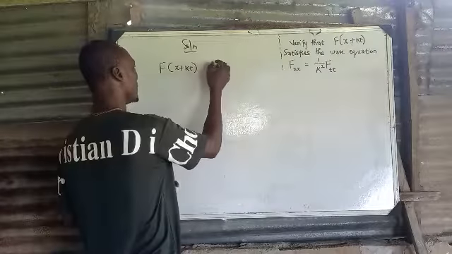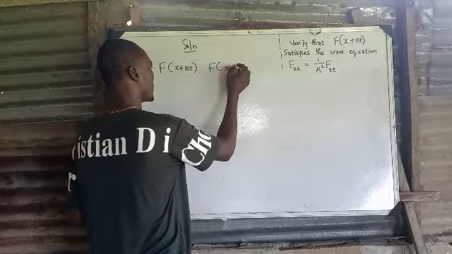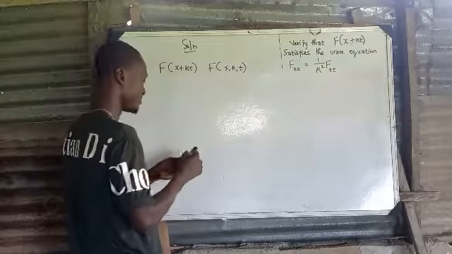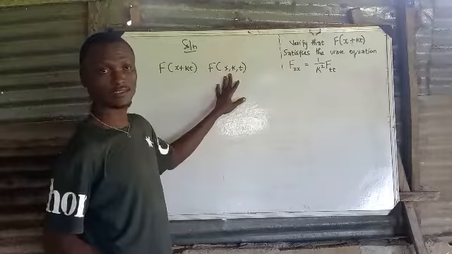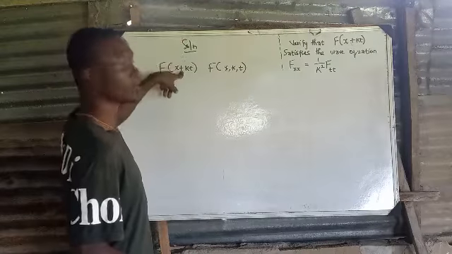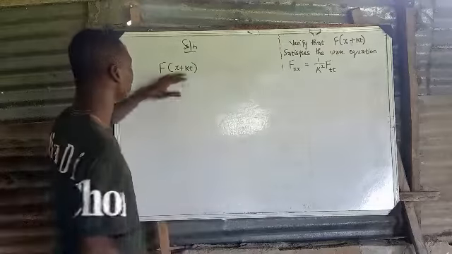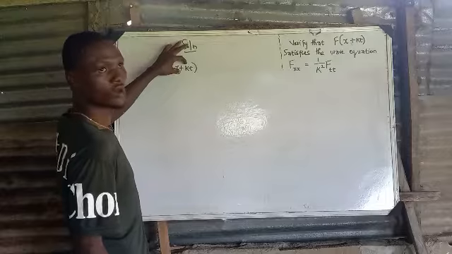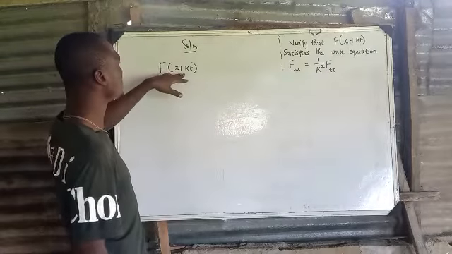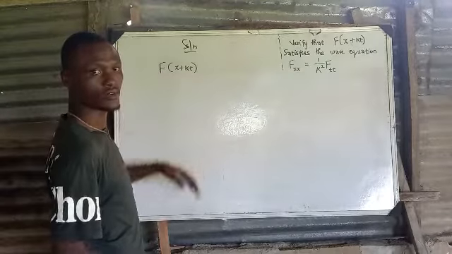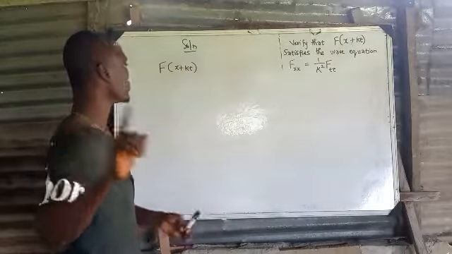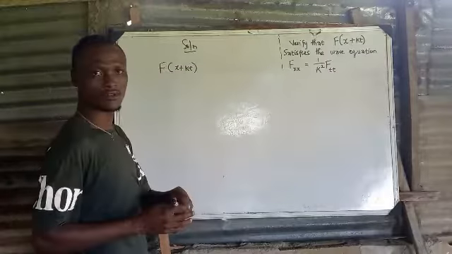It is different from f of x, k, t. These two are different. There is a sum inside the function. So what we do in this scenario, anytime you see something like this where there is a sum or difference inside a function, is use a single variable to represent whatever is inside the function.